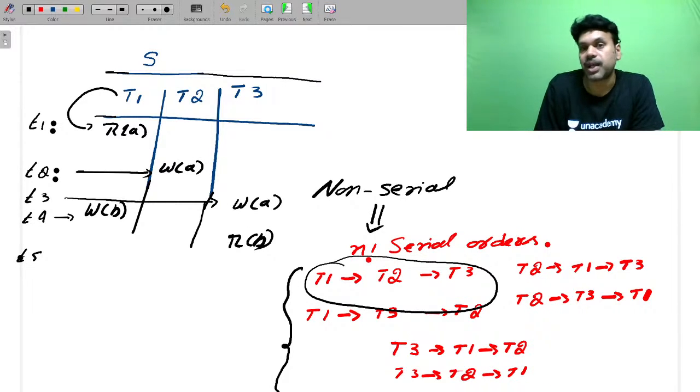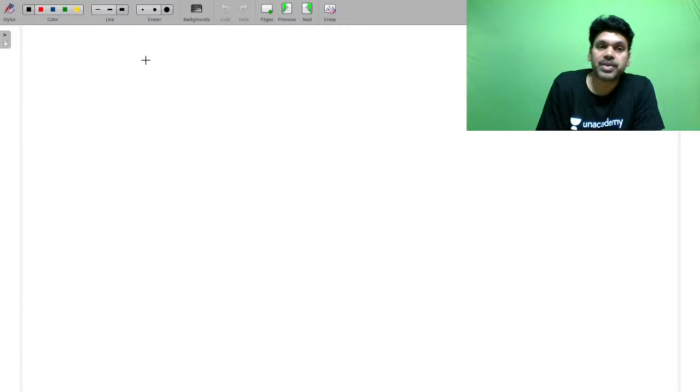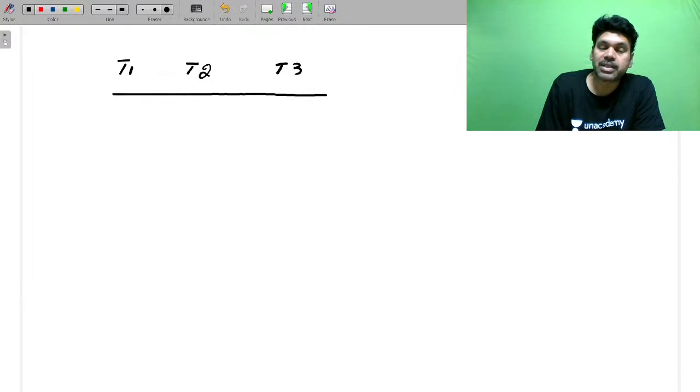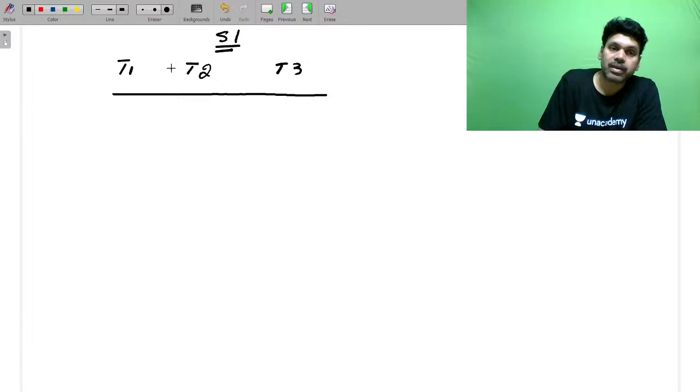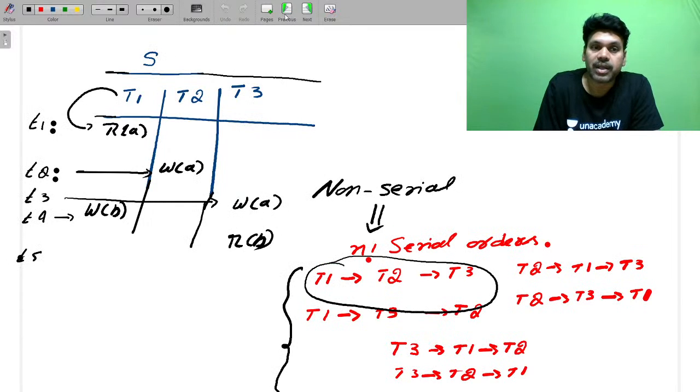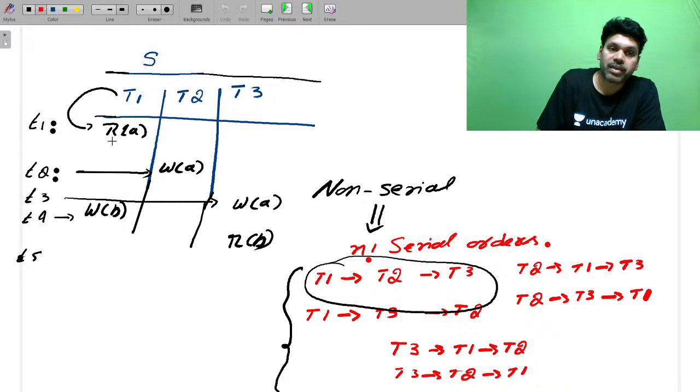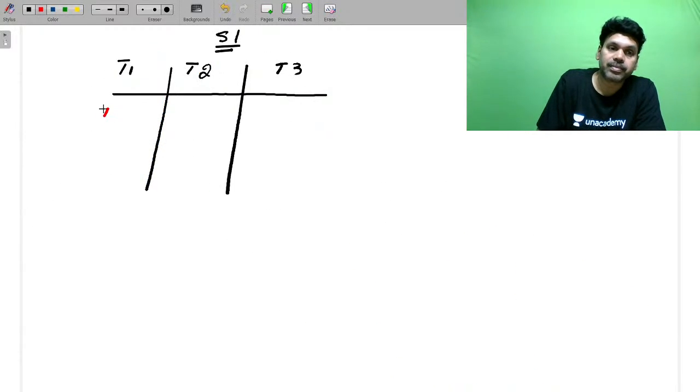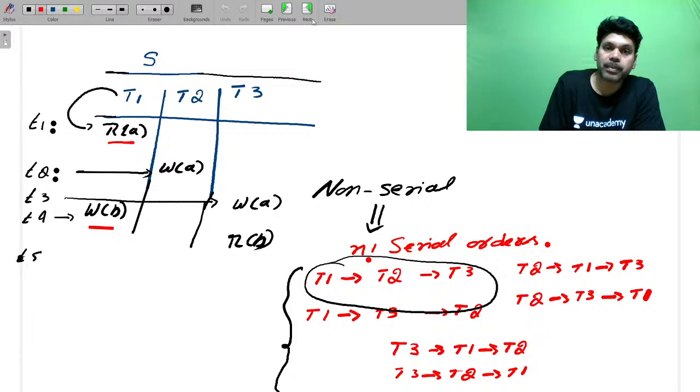So when you execute like this, T1, T2, T3, according to the previous example, I am taking the actions into S1, where you will have T1, T2, T3 like this. T1 consists of RA and WB. And after that, T2 consists of WA.